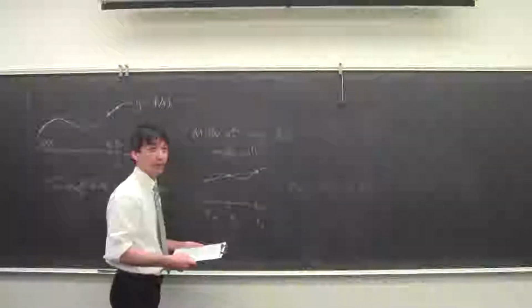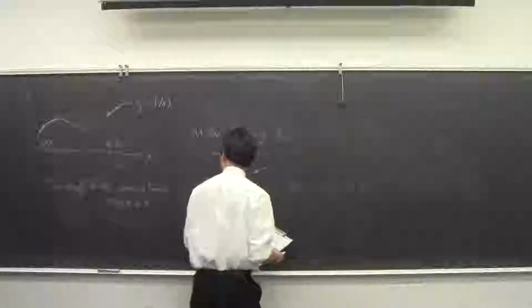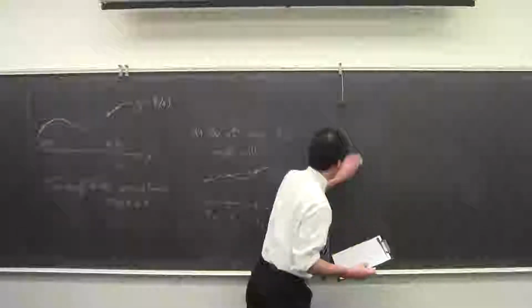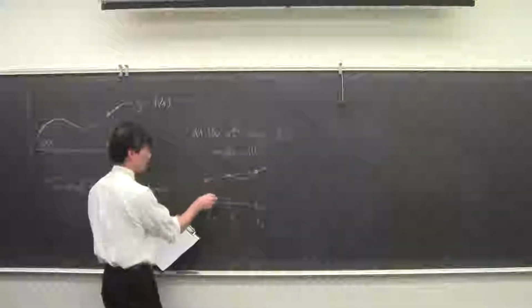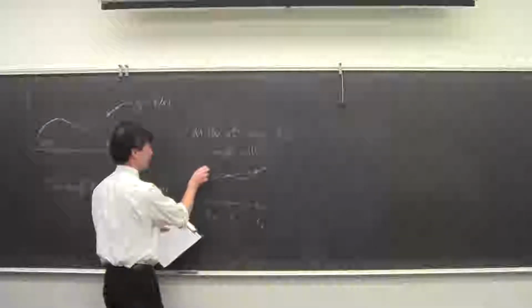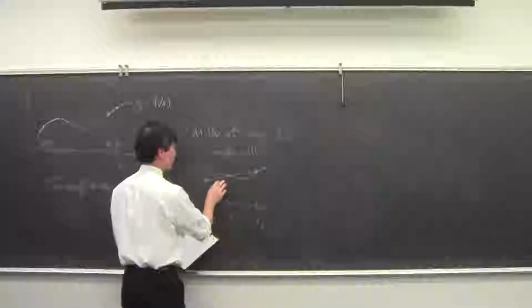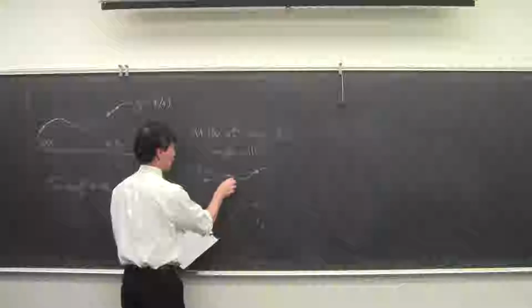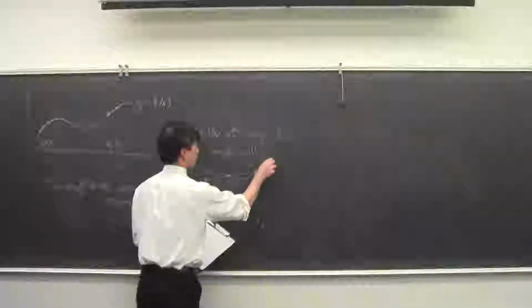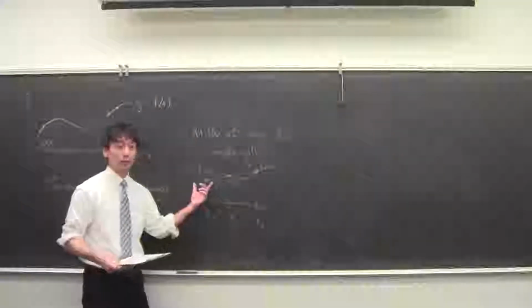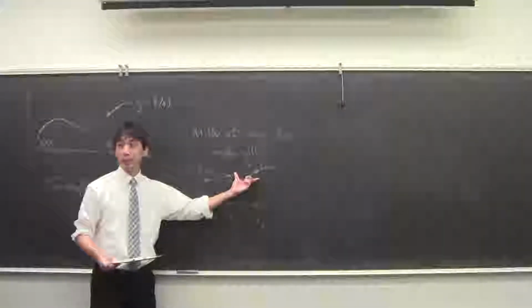Okay, so let me say it again. I'll write it again. This point is x naught, f of x naught. This point is x1, f of x1. This point is x2, f of x2. So you just use the distance formula on each pair.